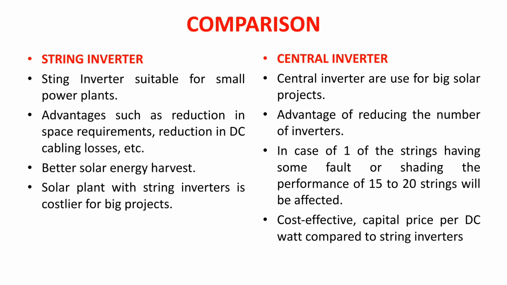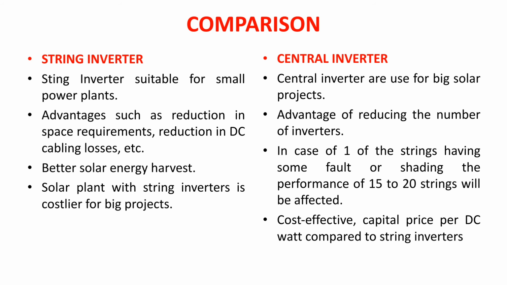And for central inverters, the advantage is reducing the number of inverters, which means for a large power plant we will require only one inverter, unlike string inverters where we require many string inverters to be connected to make a large solar power plant.